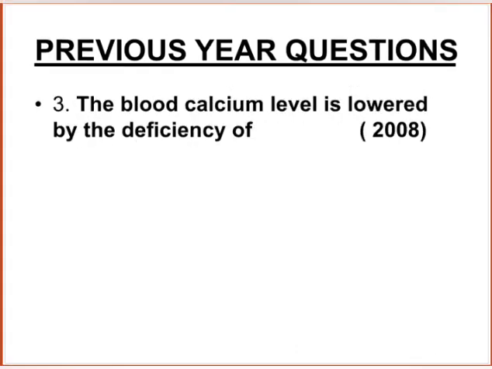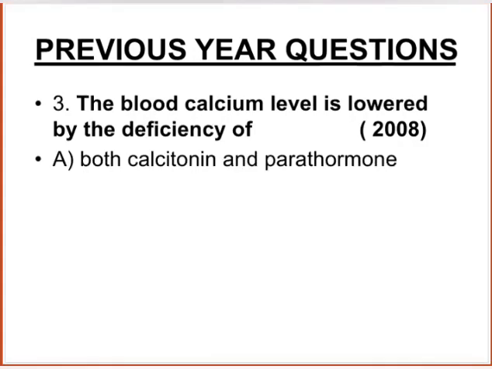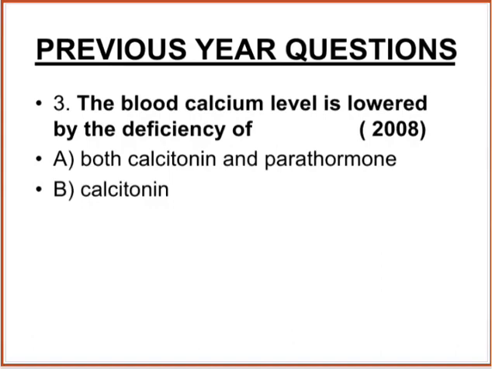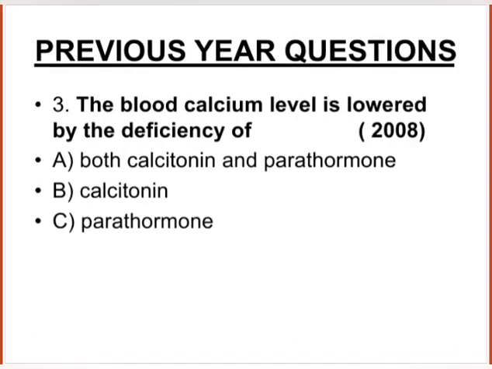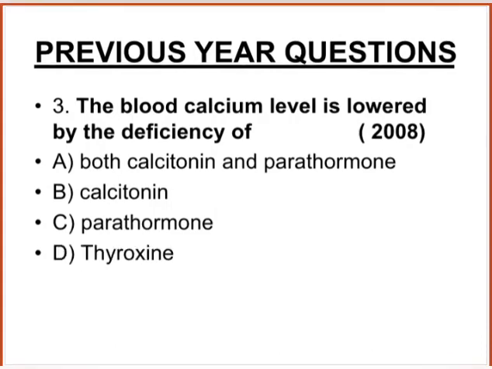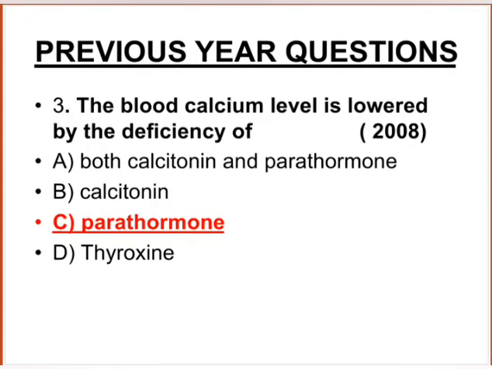Question number 3, 2008 NEET question. The blood calcium level is lowered by the deficiency of option A, both calcitonin and parathormone. Option B, calcitonin. Option C, parathormone. And option D, thyroxine. The correct answer is option C, parathormone.